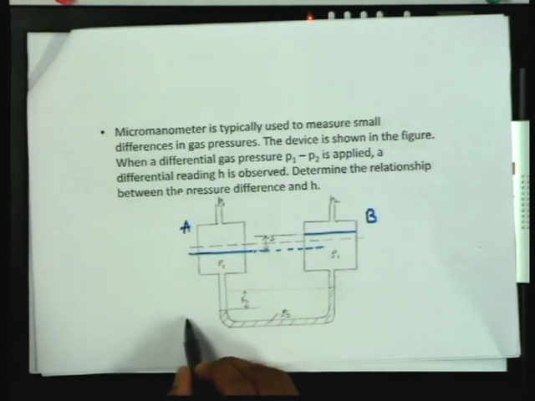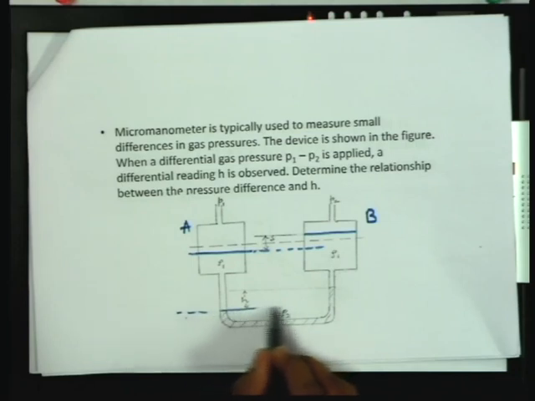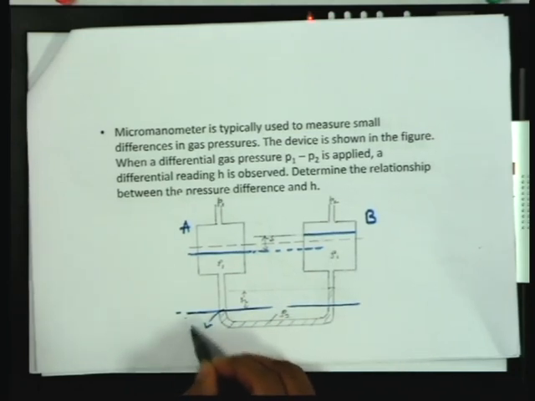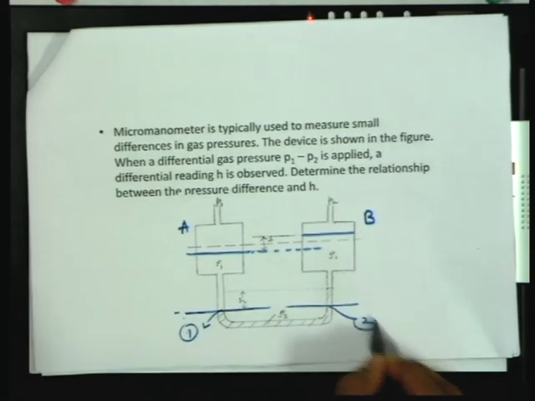So, again the concept is we have to identify a horizontal location where we will be able to equate the pressures. Suppose you identify this location. So, this is 1 and this is 2.